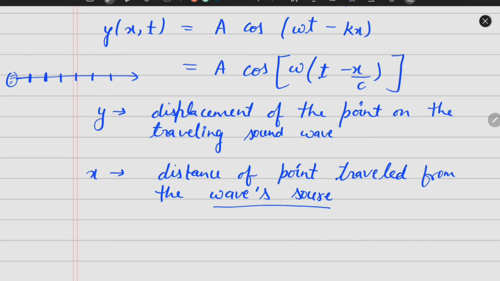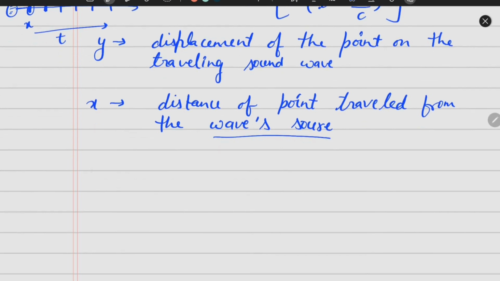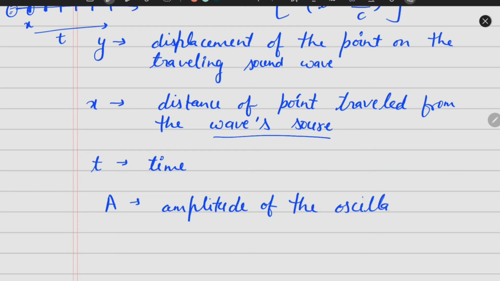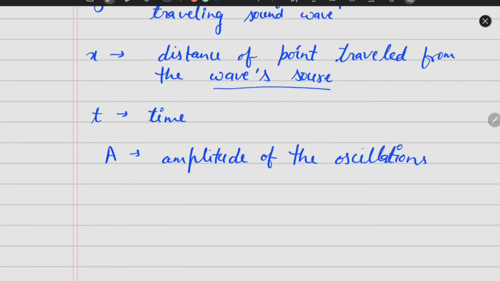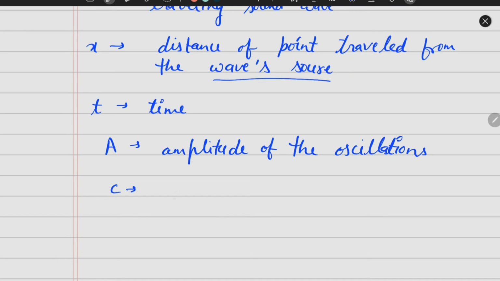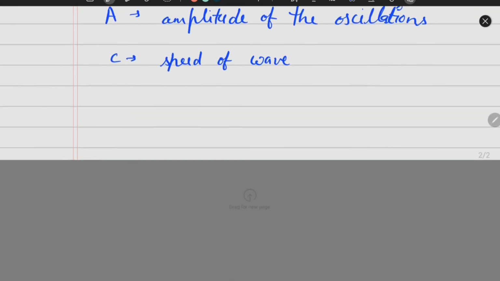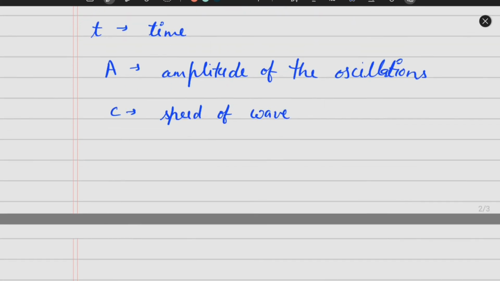दैट इज़ दी एक्स, ठीक है। डिस्प्लेसमेंट कितना हो रहा है यहाँ पे, वो आपका हो जाएगा वाई, ये पोजीशन हो जाएगी एक्स, और जो किस टाइम पे हो रहा है दैट इज़ दी टाइम, ठीक है। सो t is the time here, and A is the amplitude of the oscillations, okay, and c is the speed of wave, okay, and omega is the angular frequency of the wave.